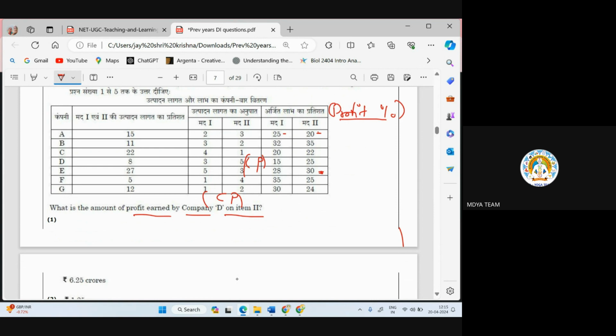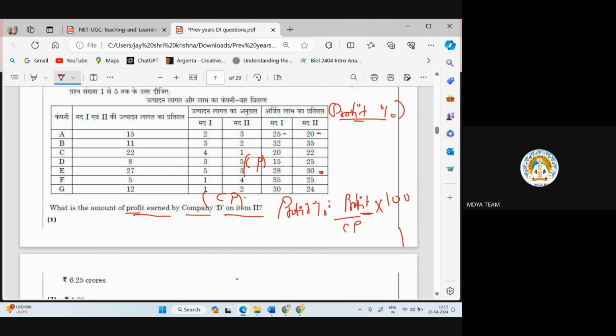You can calculate it from this table as you already did in the last question. So here you know the cost price, you know the profit percentage, and you have to calculate the amount of profit. As I already told you, profit percentage equals profit upon cost price multiplied by 100.